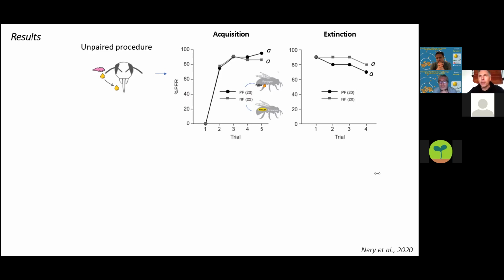But one thing that is important is that it's not easy to train bees to a pollen feeder, for example, when there are very good food sources in nature.